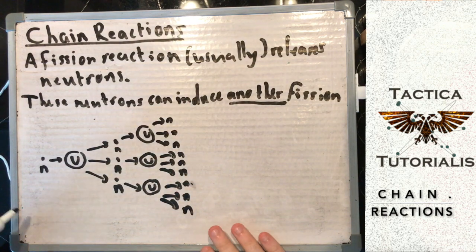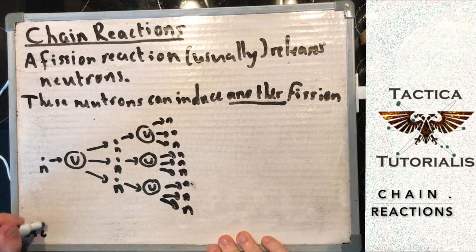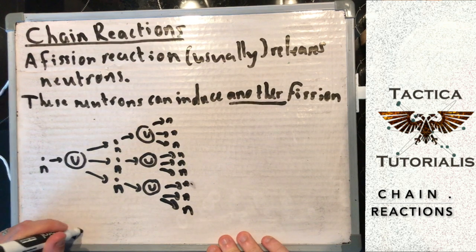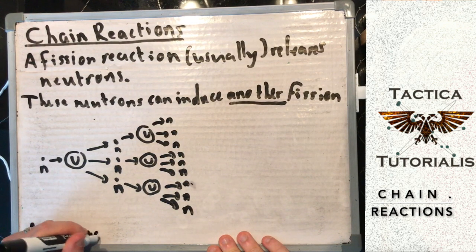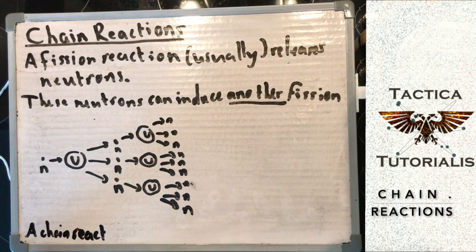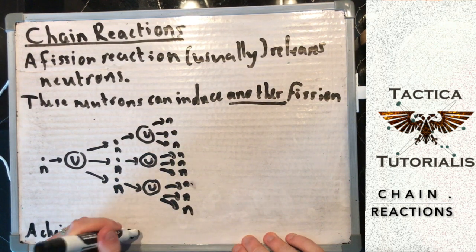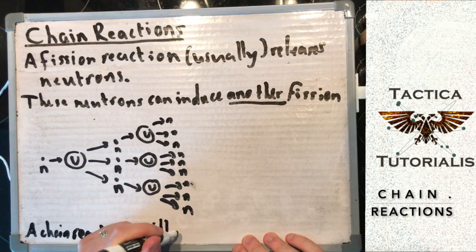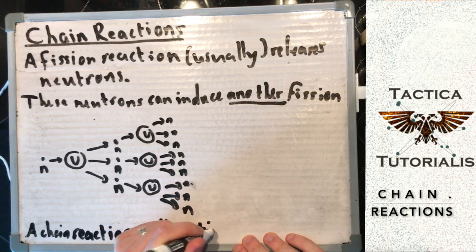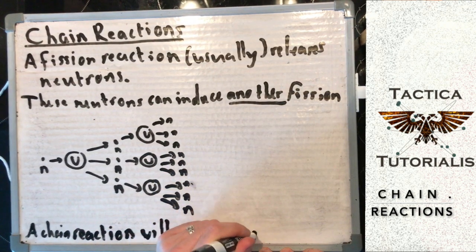A chain reaction, and yes, I can probably hear you singing that song from the other side of the internet. I know the joke. A chain reaction will continue on its own.